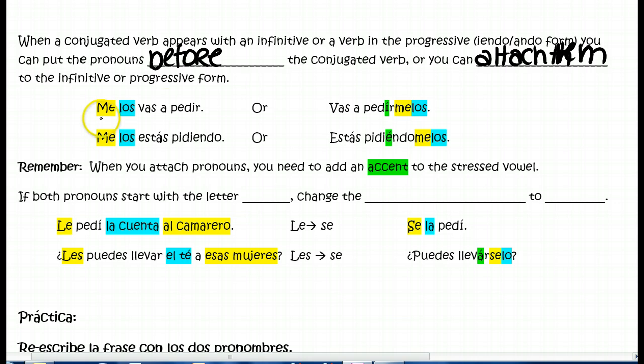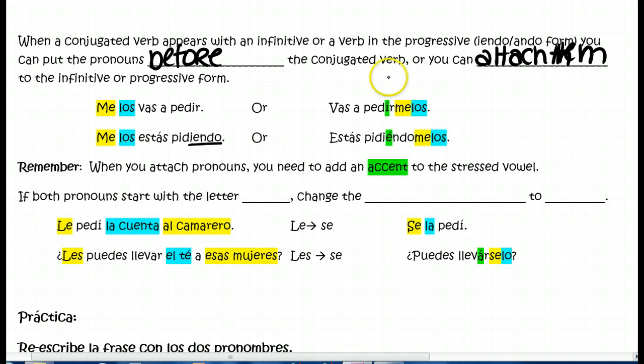So for example, me los vas a pedir. You could also attach it to the infinitive, vas a pedírmelos. Here, me los estás pidiendo, this is our progressive, or you could say estás pidiéndomelos.